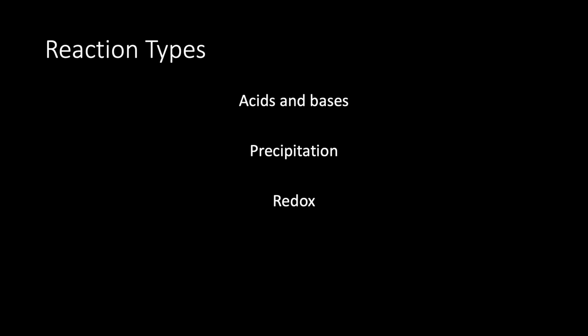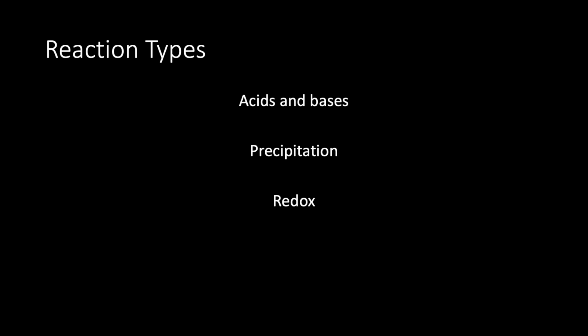All right, different types of reactions. We talked about these three fundamental types of reactions: acid-base, precipitation, and redox. We are going to spend whole chapters in Gen Chem 2 talking about each of these. With acids and bases, probably more like a chapter and a half to 2 chapters.